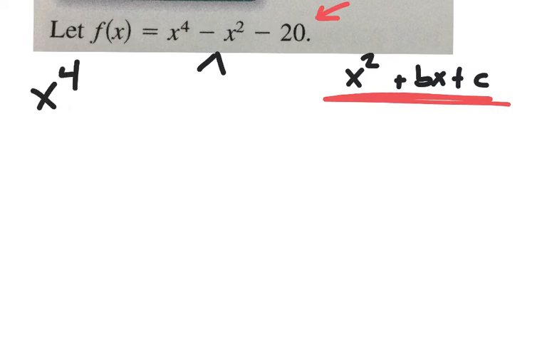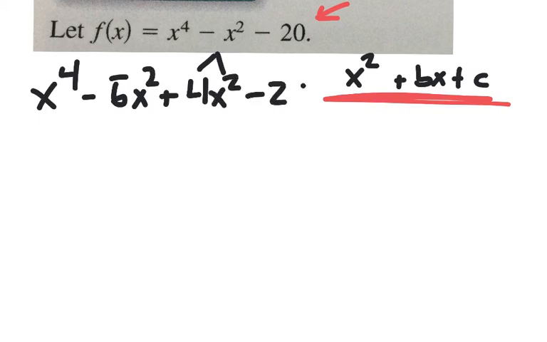So I now have x to the 4th minus 5x squared plus 4x squared minus 20. So again, the only thing that's changed is the powers of the exponents. Now if I group, I'm looking for a GCF.